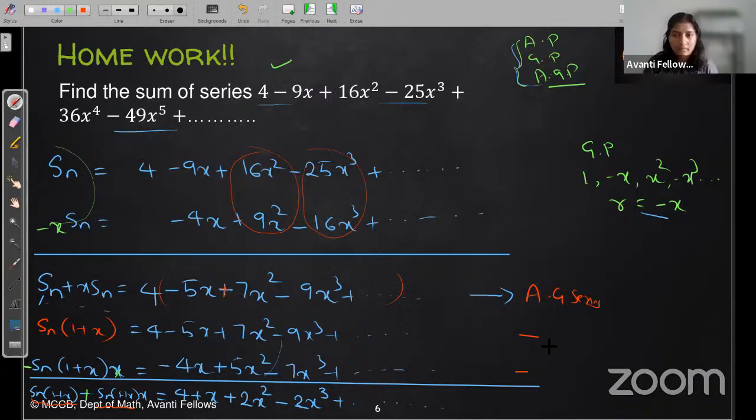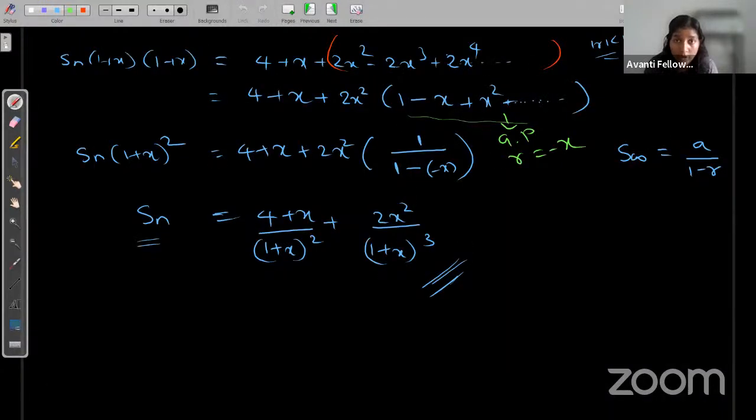Yes. Fine. So we multiplied it with the common ratio and again subtracted these terms. We got this series. When we subtracted, we got a geometric series, right? After that, we computed it using this formula and found the value of Sn.